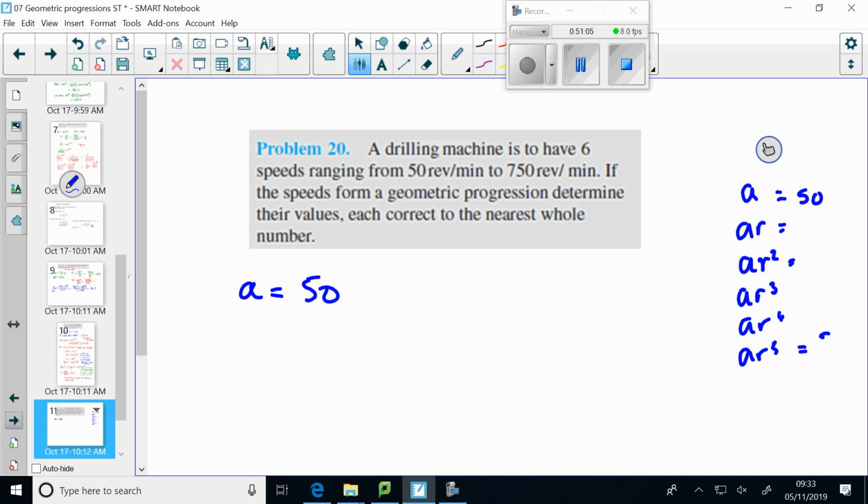So AR to the 5 is 750. If the speeds form a geometric progression, determine their values, each correct to the nearest whole number. Alright, so what do we need to find to be able to do that?